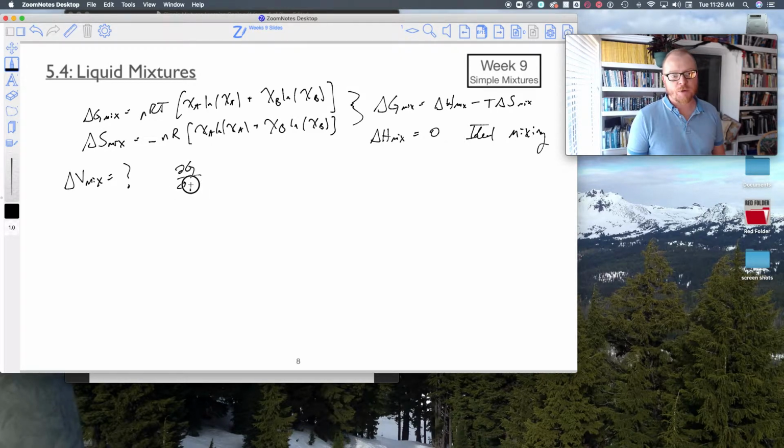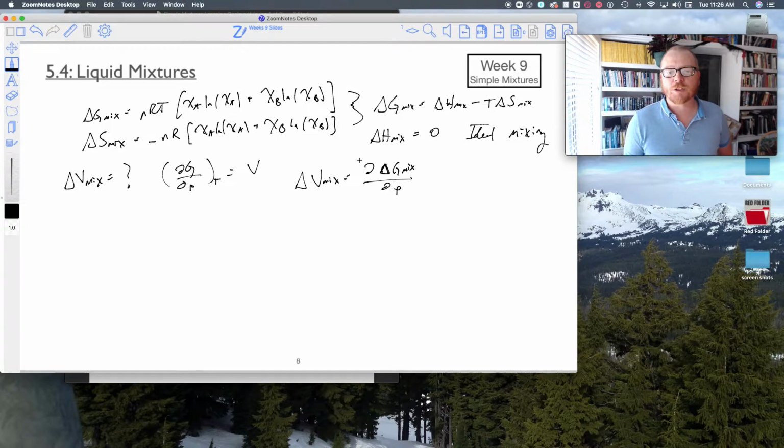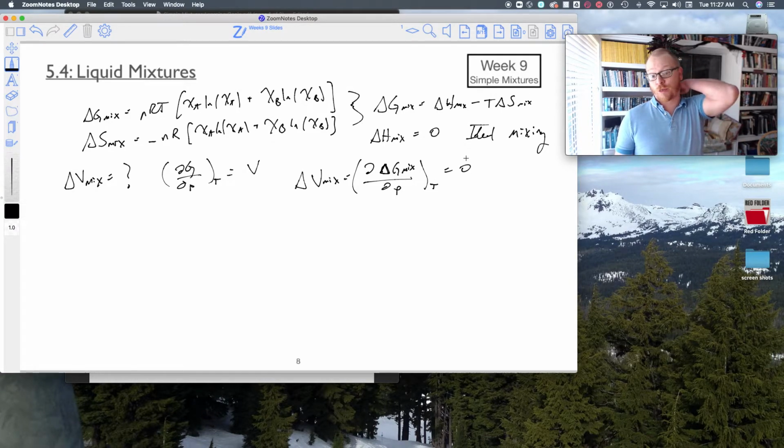As it turns out, the partial derivative of G with respect to P at constant T, hopefully you remember, is volume. So if I want to talk about ideal volume, delta V of mix is going to be the partial of delta G of mixing by the partial of P at constant T. If we do this derivative, we just get 0 for the whole thing because there is no pressure in here.